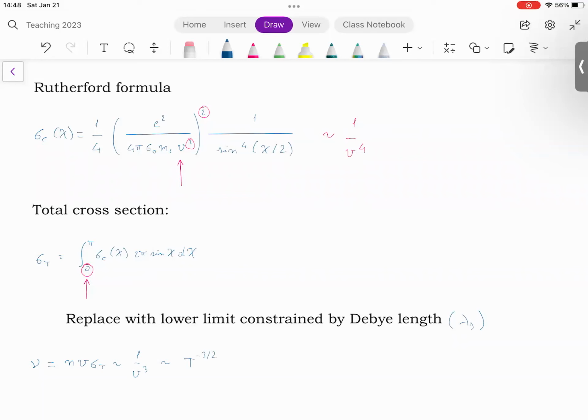So that's the dependence I can expect in my system for the frequency of collisions. So you will immediately recognize that if that temperature goes up, the collision frequency goes down.